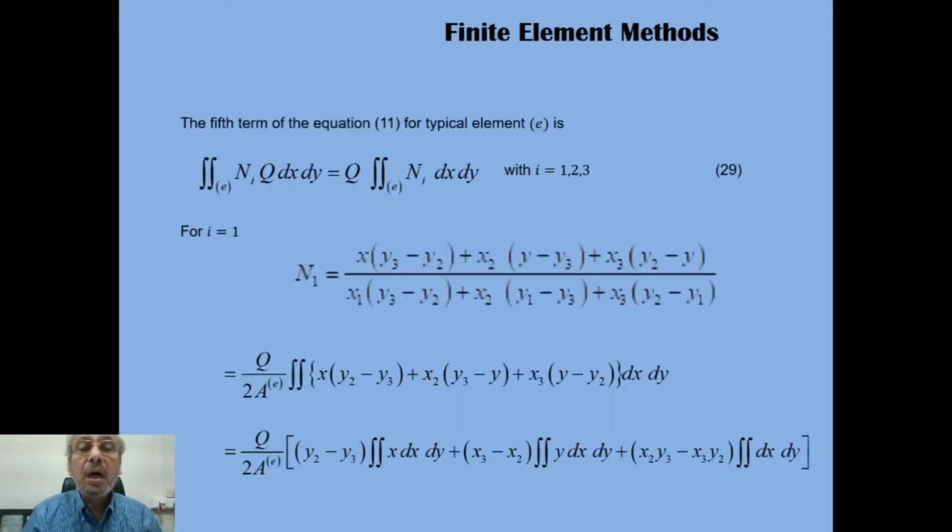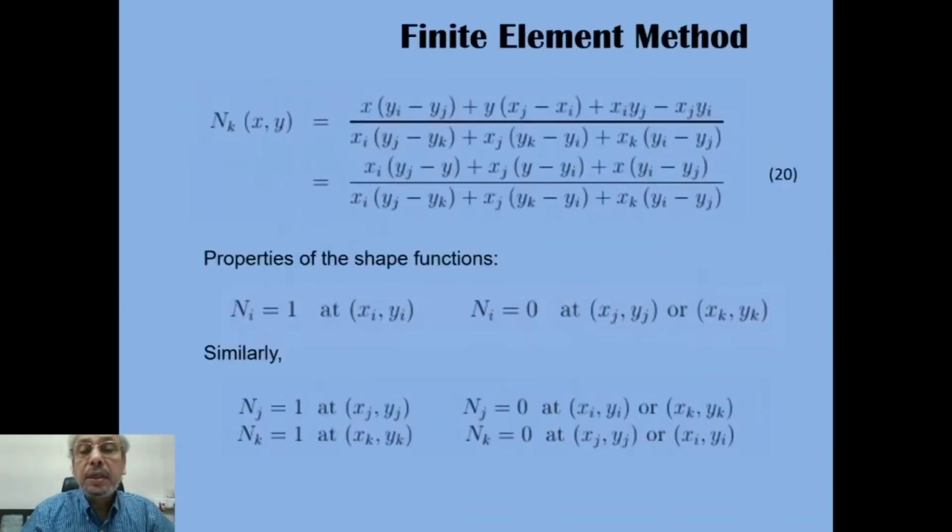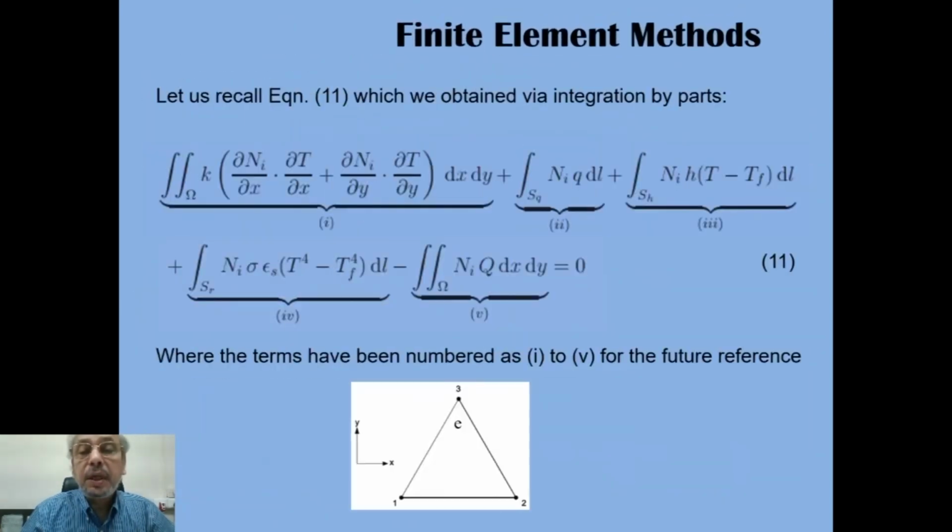Now we'll go for the fifth term. If you are not confused, from here again we'll go back to the equation of interest, that means equation 11. So please settle down here, but we'll refer to equation 11 without any ambiguity.